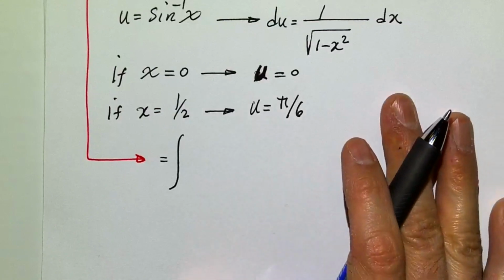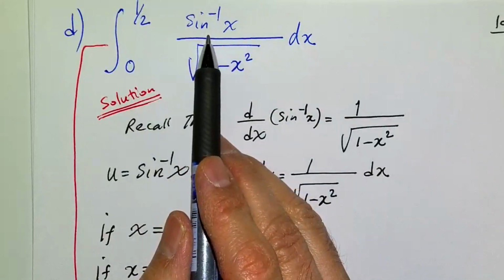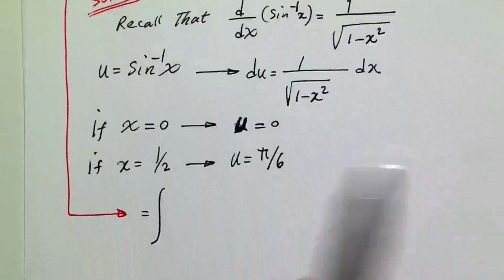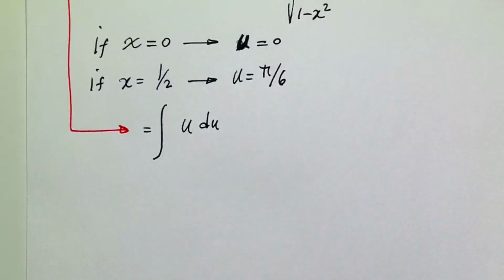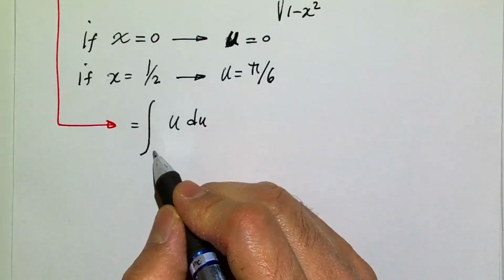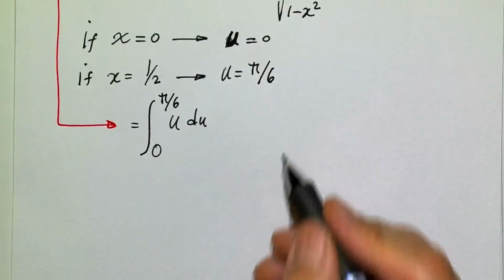But we're going to replace this with u dx over that, which is du. So it's a very straightforward substitution, u du. The upper and the lower limits of the integration are 0 to pi over 6.